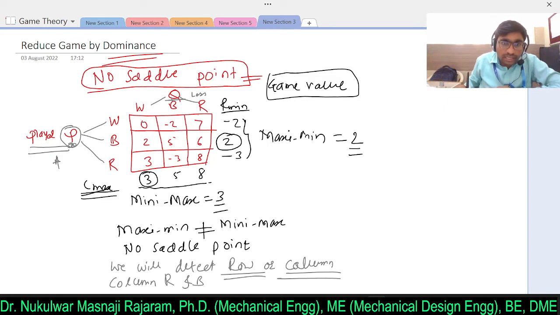So Q will never play this strategy, because Q would have 7 loss, 6 loss, 8 loss.